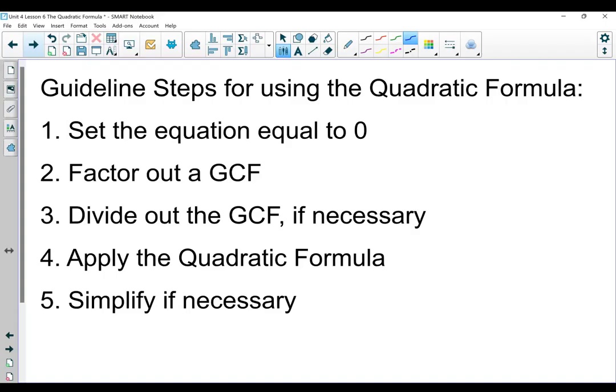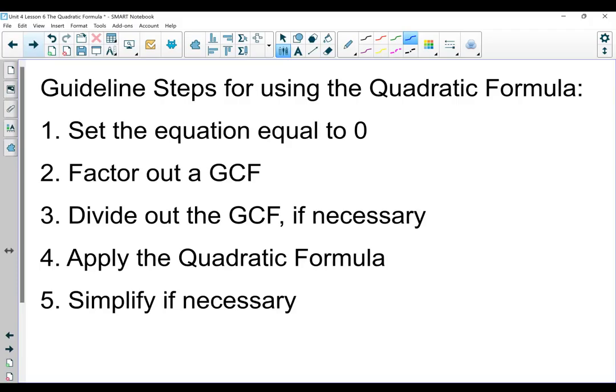Because we're practicing the quadratic formula, it's important we know how to use it. Your first step in solving any quadratic equation is to set it equal to 0. When your equation is equal to 0, it makes it easiest to assess what method you're using. Now, we are being told to use the quadratic formula today. Then we factor out a GCF. Makes your number smaller. It's easier.